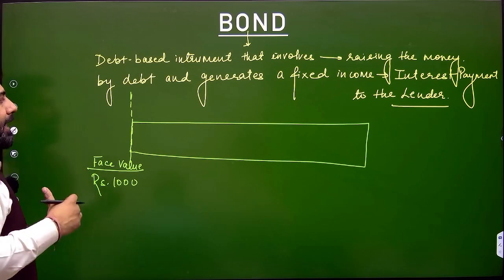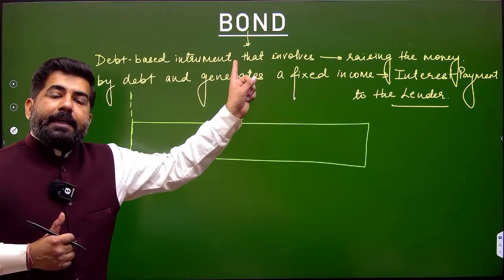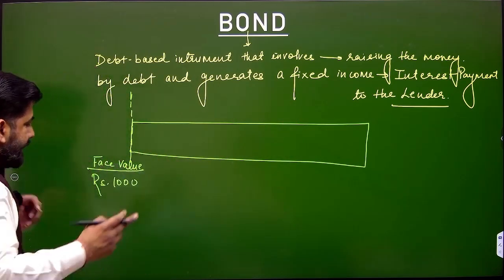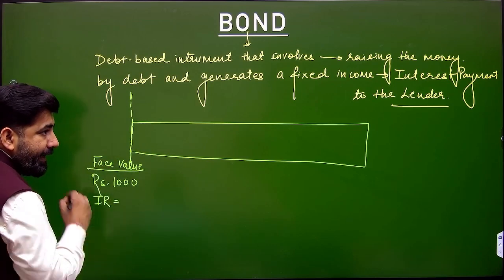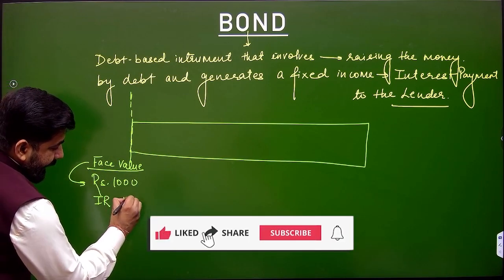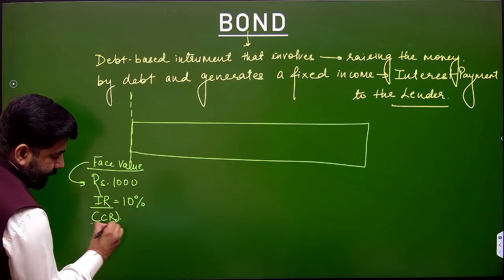Whoever invests in a bond must earn some interest amount. That is the coupon rate, which is also known as the interest rate, and that is 10%. Again, I'm highlighting: coupon rate is also known as the interest rate.